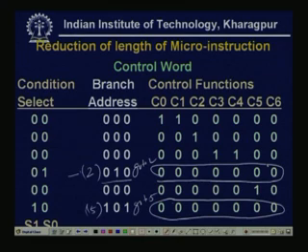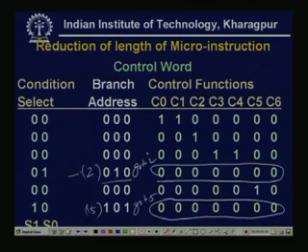Now, whenever there are several branch instructions, the micro instructions can be formatted by using a method called the multiple micro instruction format. In this approach the micro instructions are divided into two groups, operate and branch instructions.